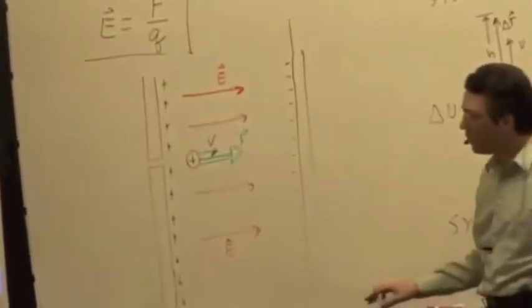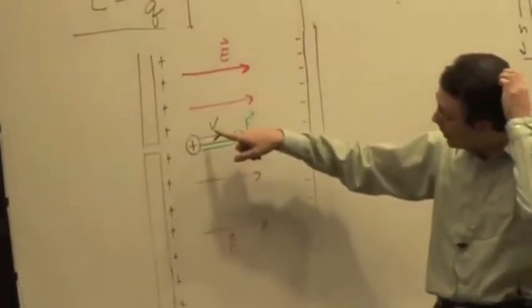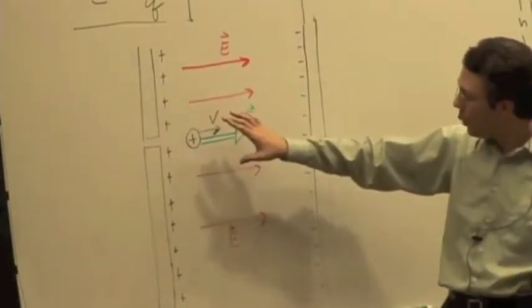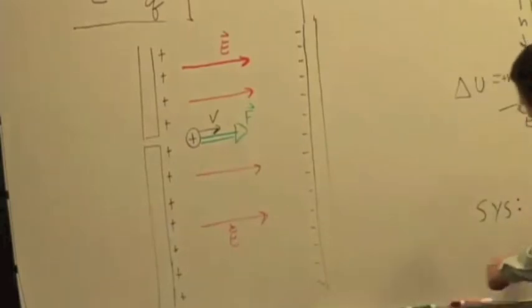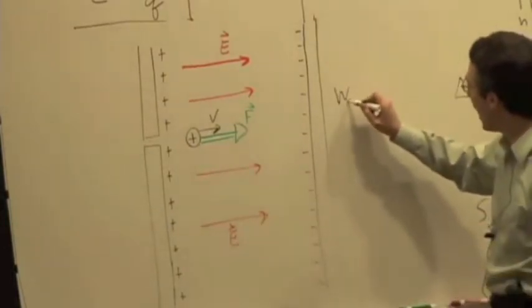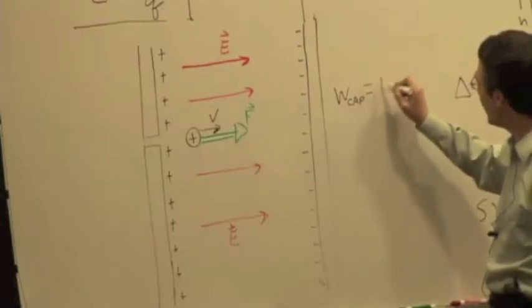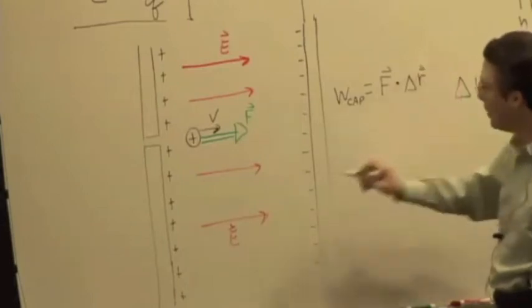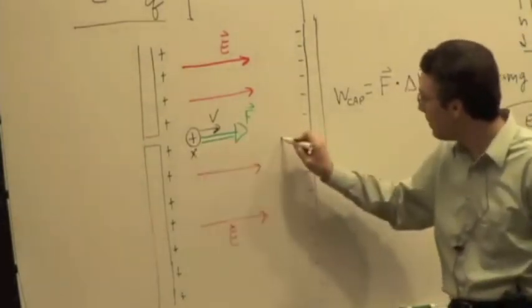So just focusing on the proton, the field is going to do what sign of work? The work done by the electric field due to the capacitor is F dot delta R, and delta R is from A to B, right?